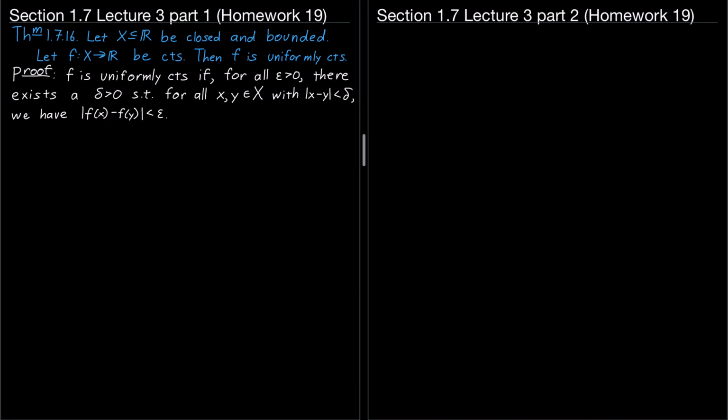What we're going to do is prove the contrapositive. That is, we're going to suppose that f is not uniformly continuous and prove that it is not continuous. So let's suppose f is not uniformly continuous.